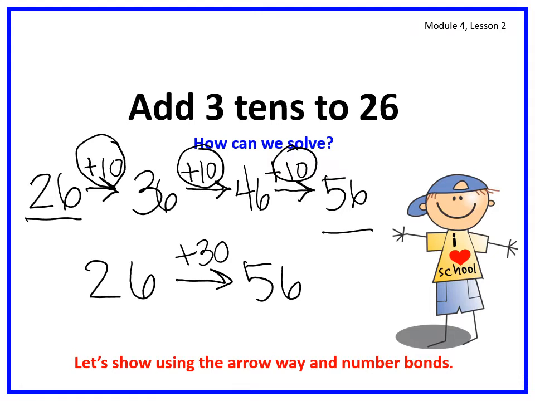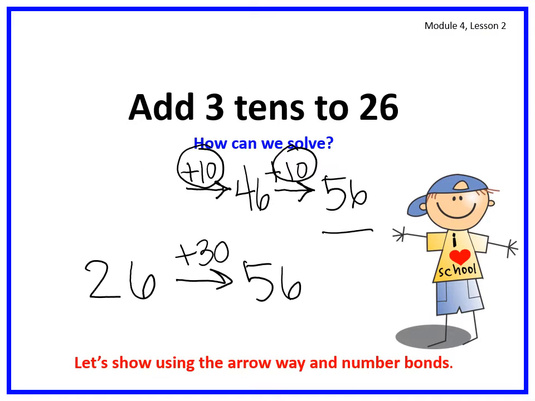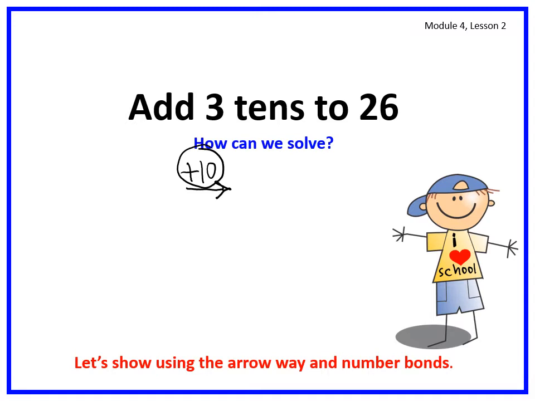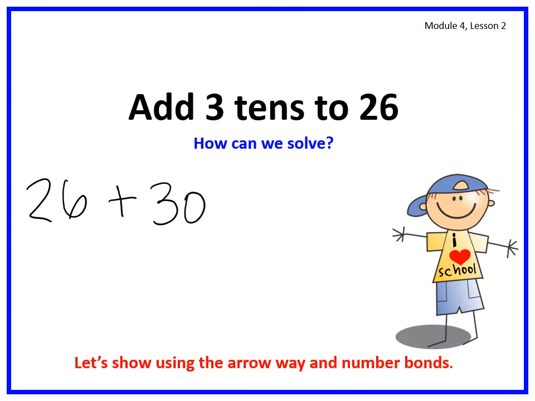Let's take a look at it with a number bond. Let me erase it real quick and think about the number bonds. I know it's been a while since we've spoken about number bonds. Again, I'm going to start with 26. Since I want to add 3 tens, another way to say 3 tens is 30. So I'm going to pull out my tens. I have 20 and 6.